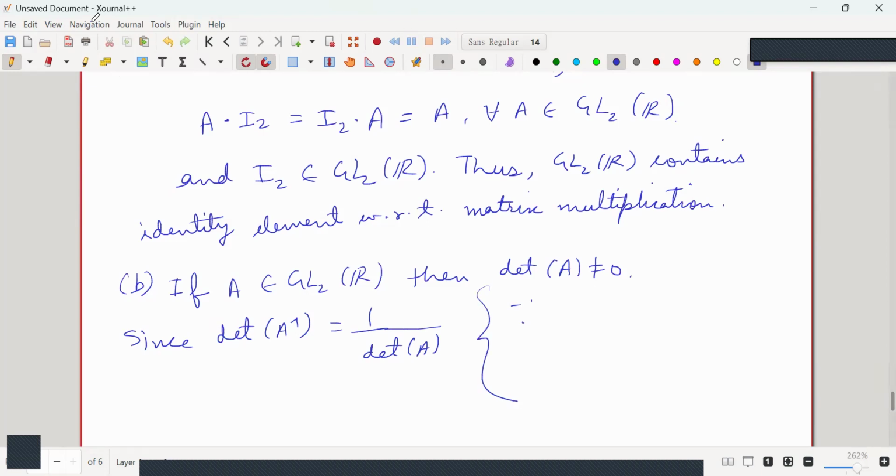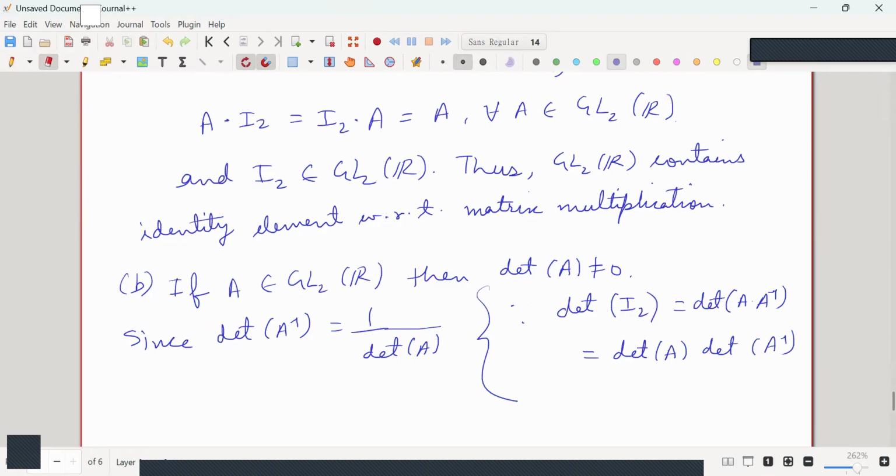This is coming since determinant of I2 is determinant of A times A inverse, right? And we know that determinant of product of two matrices is product of their determinants. This is determinant of A times determinant of A inverse, and this is of course equal to 1, and this implies determinant of A inverse is 1 upon determinant of A, right?